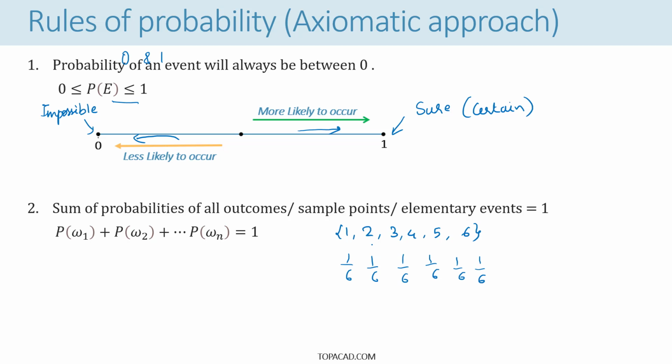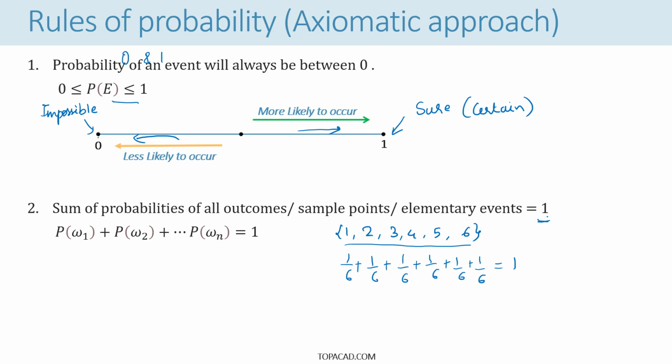Now, if you add the probability of each outcome, let's see what happens. It is equal to 6 by 6, which is equal to 1. So, the sum of probabilities of each outcome in a sample space will be equal to 1.